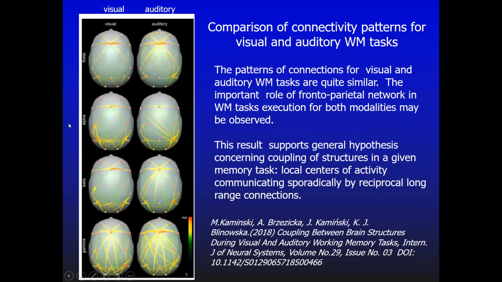So the patterns of connections for visual and auditory working memory tasks show an important role of the frontoparietal network in the execution, similar for both modalities. And again, these results support the general hypothesis concerning coupling of structures in a given memory task.